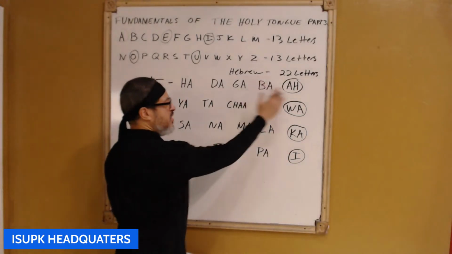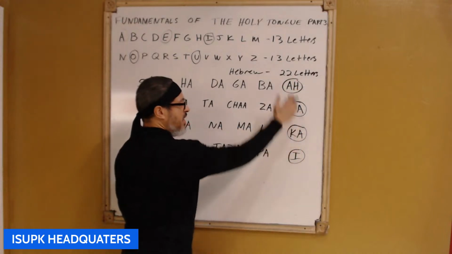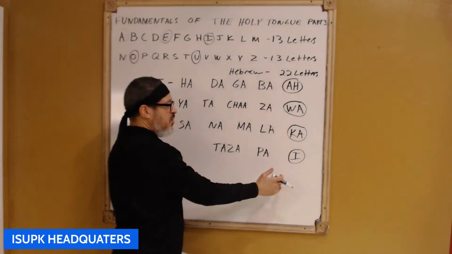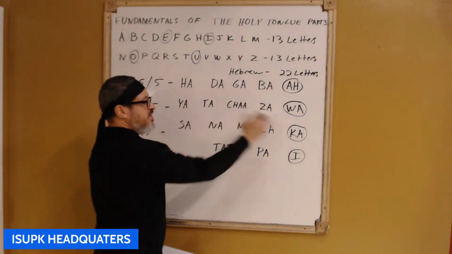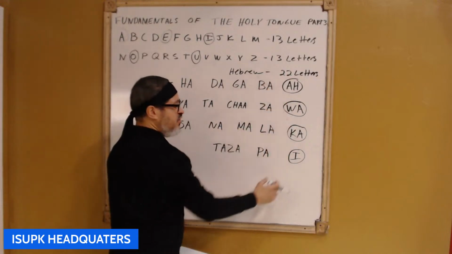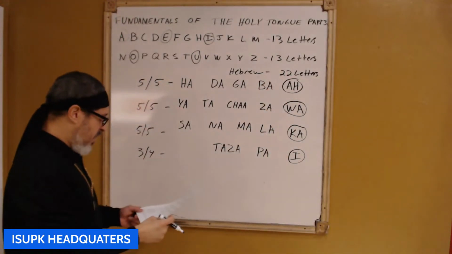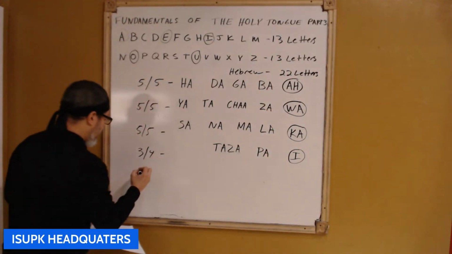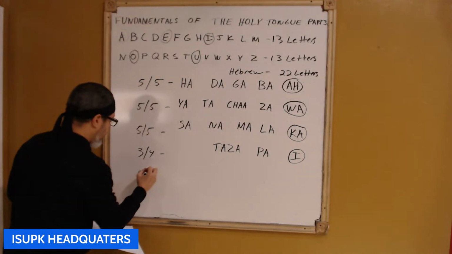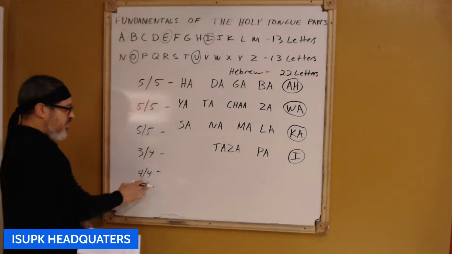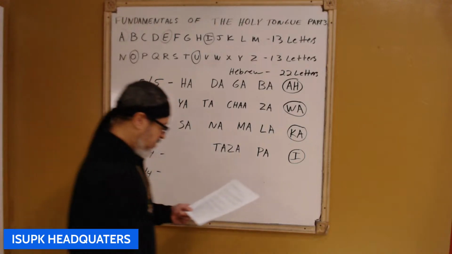So essentially now our song is ah, wa, ka, I. As far as, all right, let's just get the first part. We'll fill in the other ones as we learn the sequences. But it's just giving you a way to help you memorize it. The last part of the song was 4, 4, which means there's 4 characters, 4 syllables.